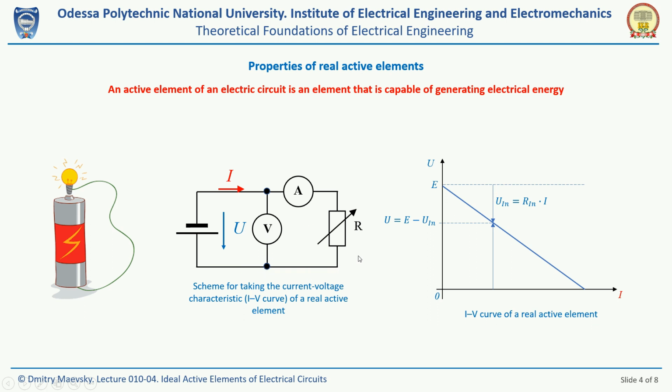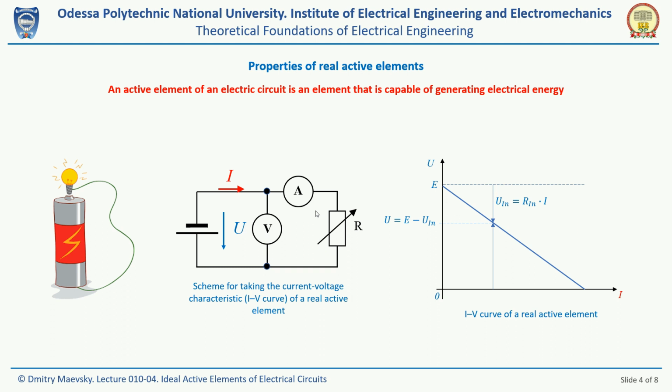A load is connected to the battery. This is a resistor R, the resistance of which can change. This fact is shown in the diagram by an arrow that crosses out the conventional graphic representation of the resistor.